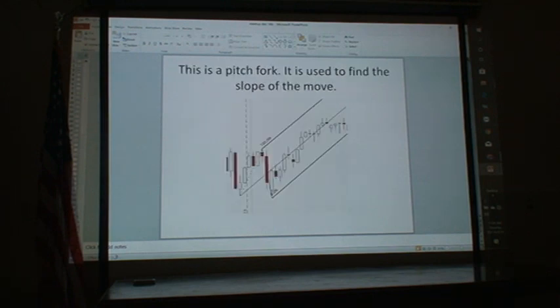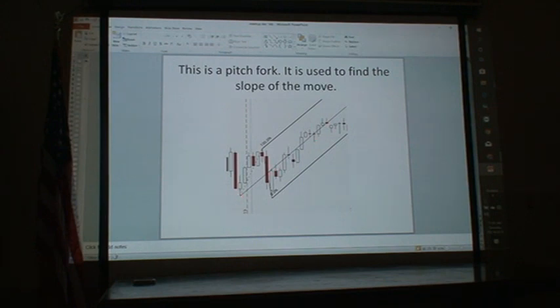Now, I use something called a pitchfork, which is used to find the slope of the move. That is the relevance of the pitchfork. We take low, high, low, and we take the midpoint from there to there, which is real easy to calculate, because effectively you take this value here and this value down here, you subtract the lower one from the upper one, and you get this value here, and you just draw a line from here through it, and there you get the slope.